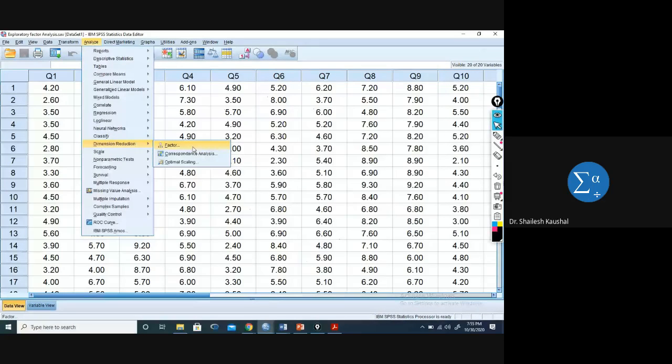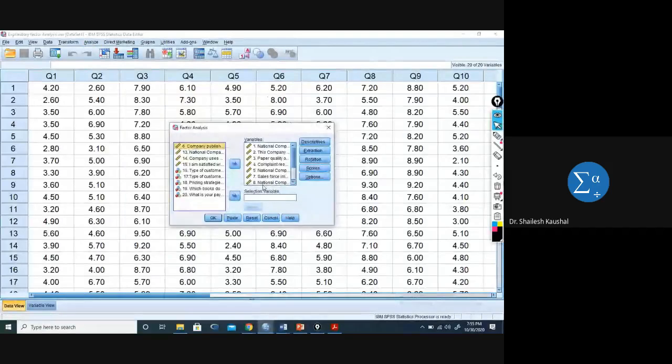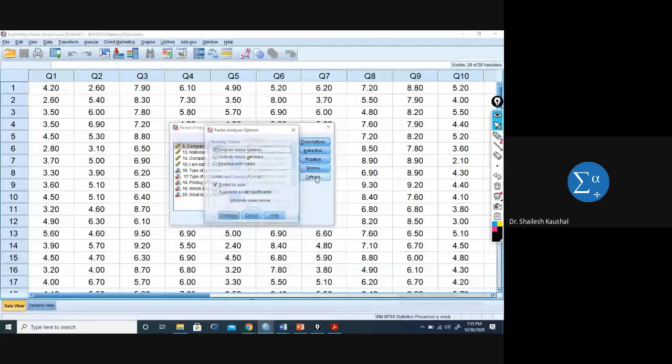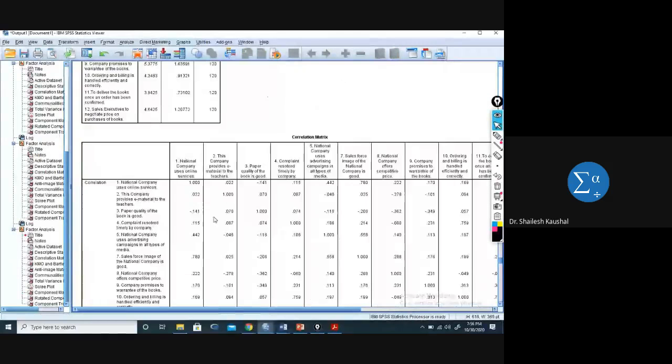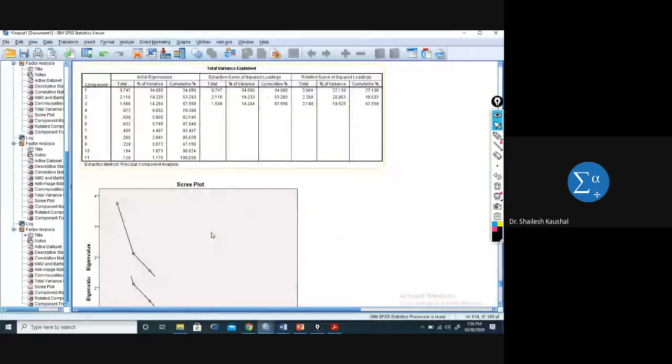Okay, and I'm using the same questions, and in the options, sorted by size and suppress small coefficients less than 0.6. Okay, then continue.